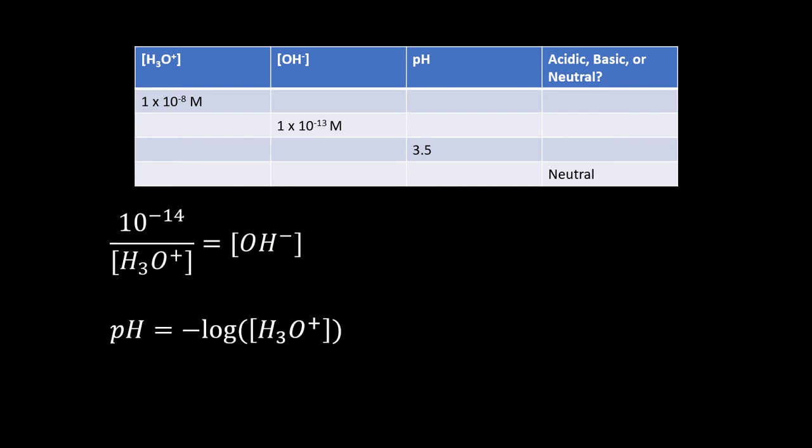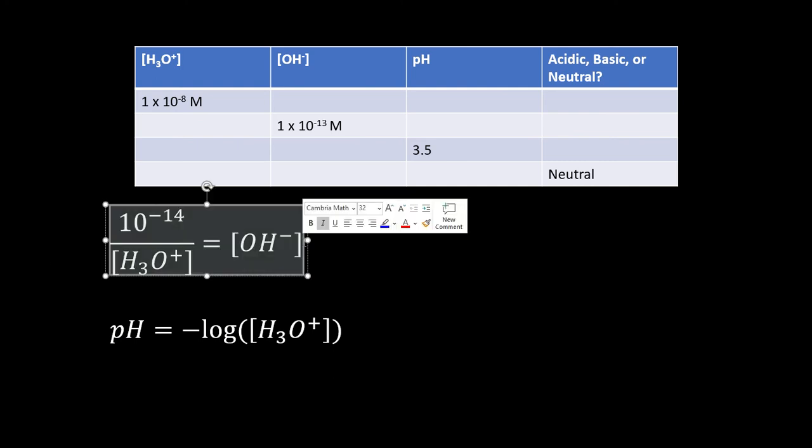And if hydronium ion concentration multiplied by hydroxide ion concentration is just 10 to the negative 14th, then we can rearrange all that to have 10 to the minus 14th over our known hydronium ion concentration. And that will just equal whatever our actual hydroxide ion concentration is.